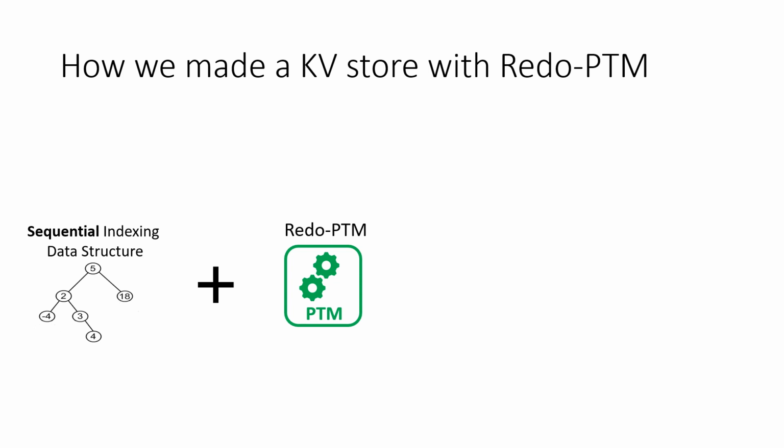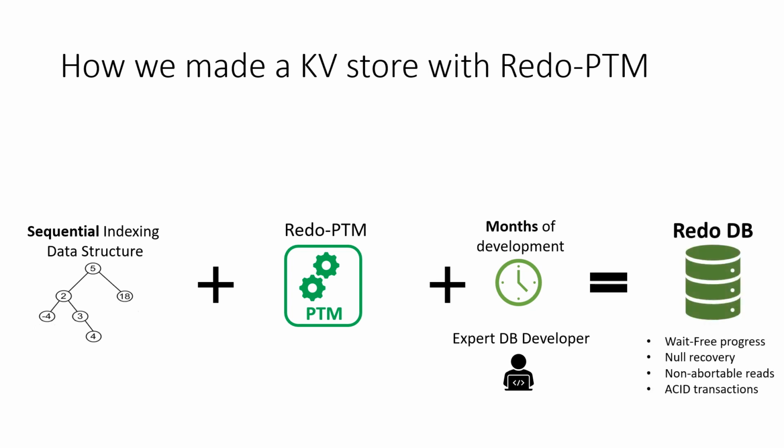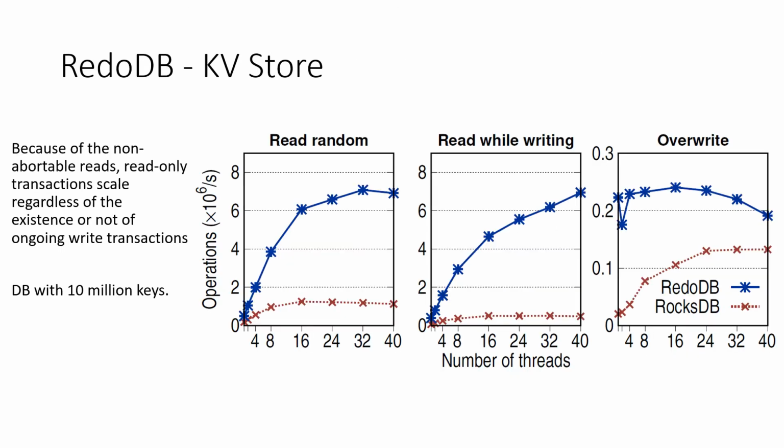The end result is a key-value store that can also do dynamic, durable linearizable transactions over any annotated type. RedoDB is the world's first wait-free key-value store, has no recovery, non-abortable reads like multi-version concurrency control, and provides ACID transactions written in C++.